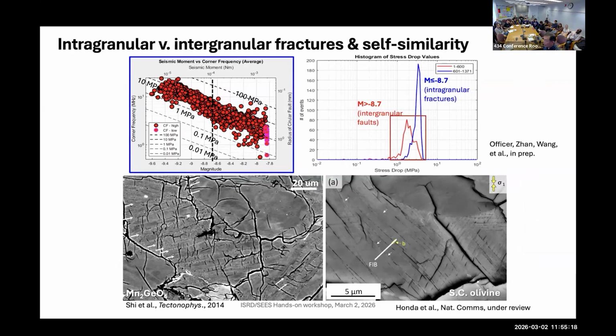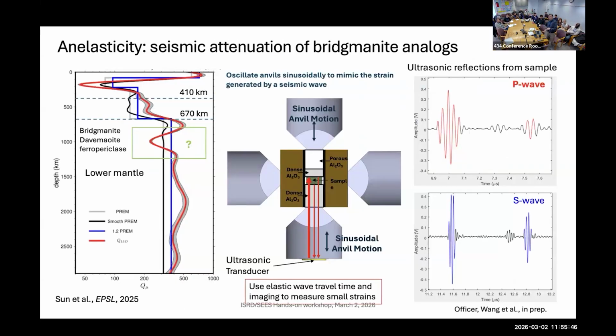This is because you have to crack individual grains in order for these fractures to connect to the next grains and so on, so that the fault can propagate. So when you crack the individual grains, it requires higher stress drop, and then it becomes more or less consistent with the seismic observations, typically like 2 or 3 MPa, that kind of stress drop.